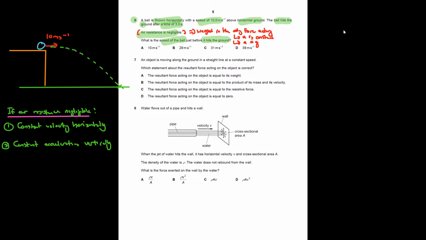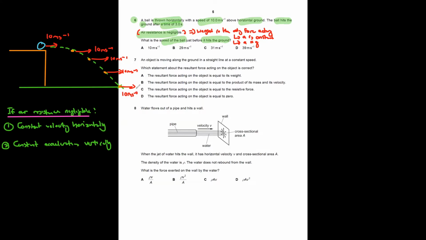So in my case, if the object is being projected horizontally from the cliff and is moving like this here, I will always have 10 meters per second horizontally. This one will always be 10 meters per second right over here.